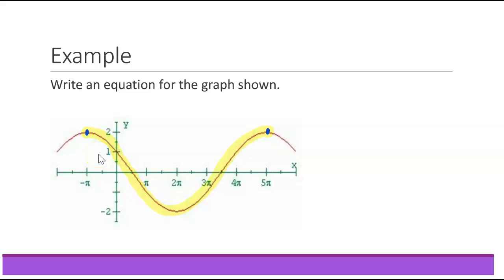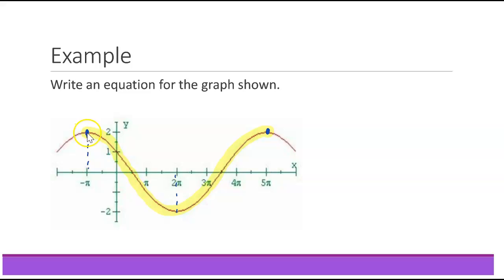Alright, so let's talk about which function this looks like. I'm going to identify this as a cosine function, but it's a cosine function that does have a shift to it. Since I'm focusing on this point up here at negative pi over 2, that's the height of the wave. I can see the highest and lowest that I go from the x-axis is 2 up and 2 down, so there's no vertical translation.